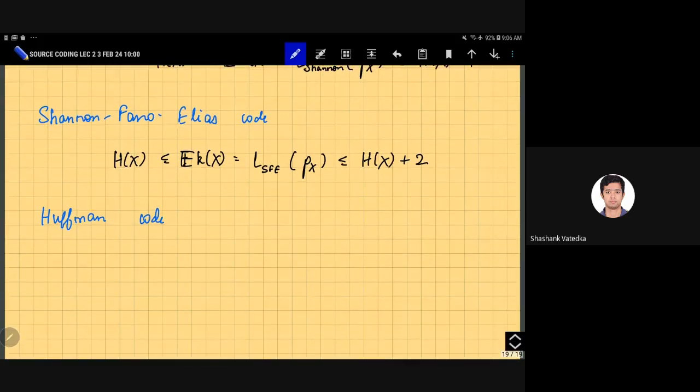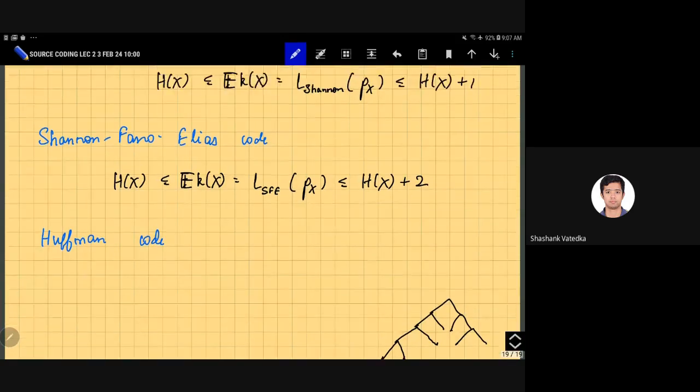So you start with the two least probable symbols, you merge them to form a super symbol, and then you merge the two least probable symbols to give another super symbol, and then you merge two more symbols to give another super symbol, and so on. So this ultimately gives you a binary tree, and this is what we call the Huffman code.